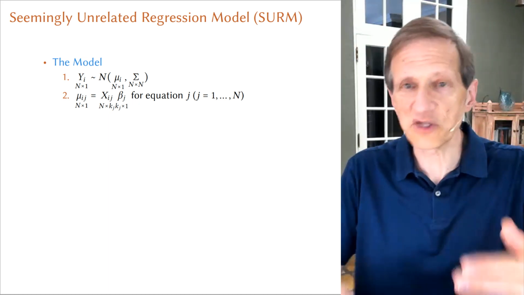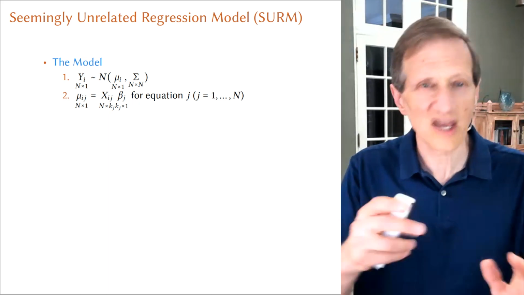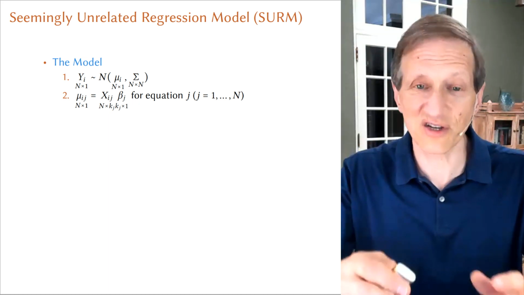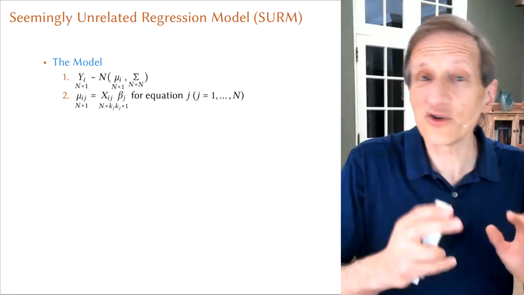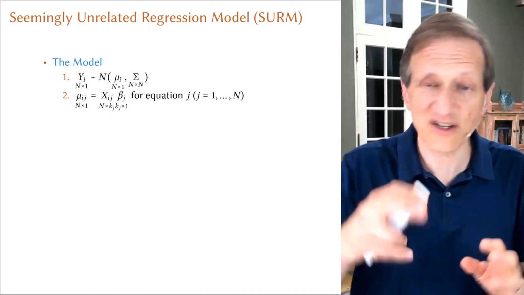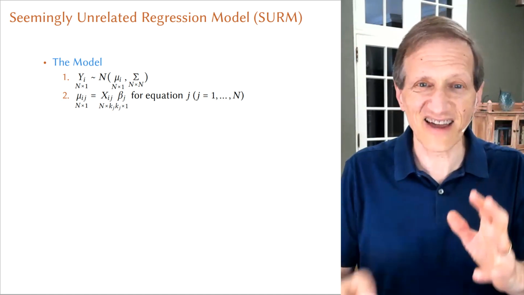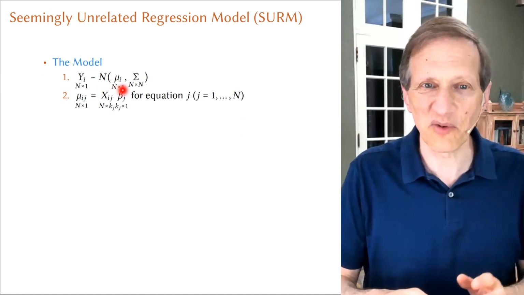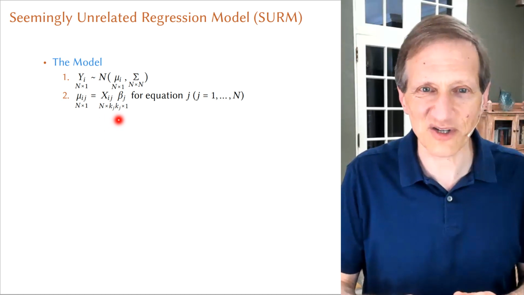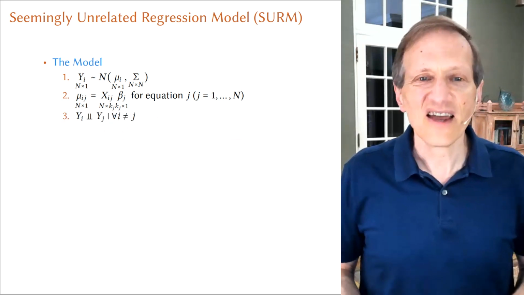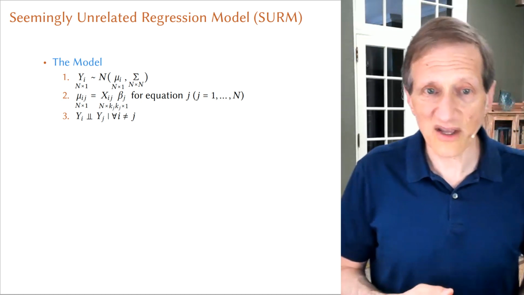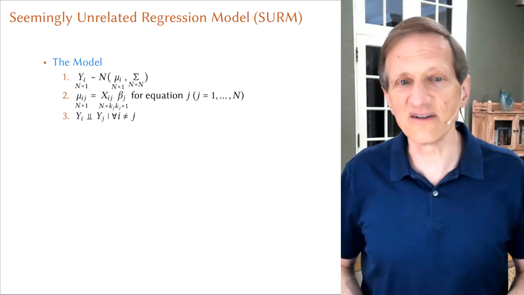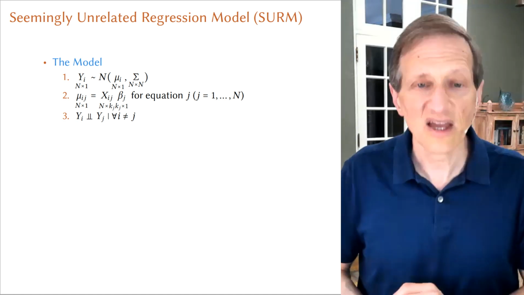On the bottom of each one, I just have the dimensions of the matrices to help remind us that they're matrices and to know what the dimensions are. If you ever get confused by matrix algebra, write down the dimensions underneath and make sure they're conformable, right? That this kj is equal to this kj. In any event, I do that. And the third component of the SURM model is that yi is independent of yj for all i not equaling j.